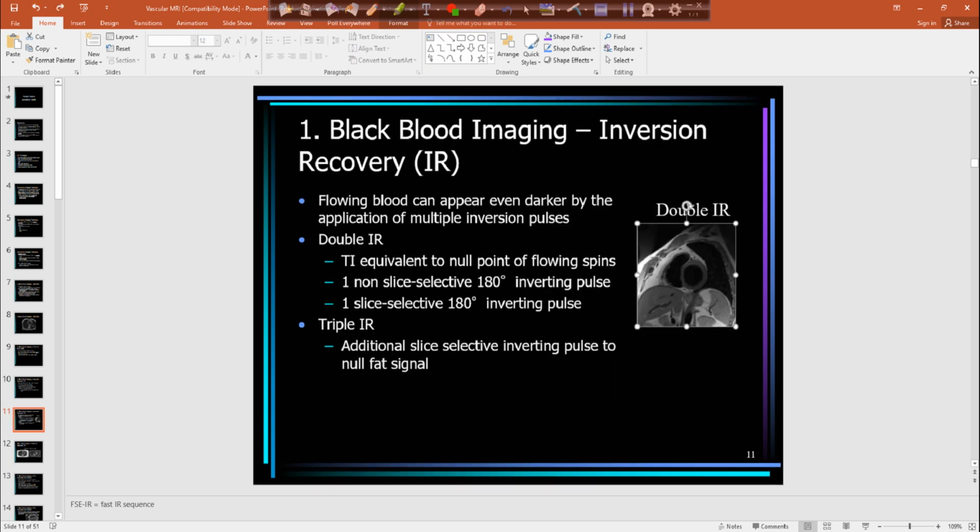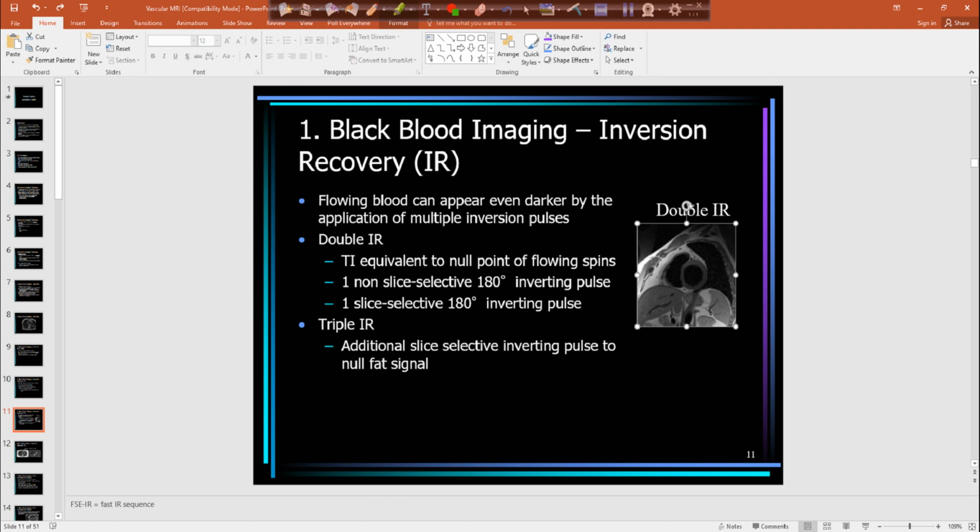So what happens in a double IR is we apply an inversion pulse to the entire region that we're going to scan. So that entire field of view, we apply an inversion pulse. And then right before we acquire the information from one particular slice, we apply one more inversion pulse at the slice. So that makes it really dark within the chamber, or within that lumen.